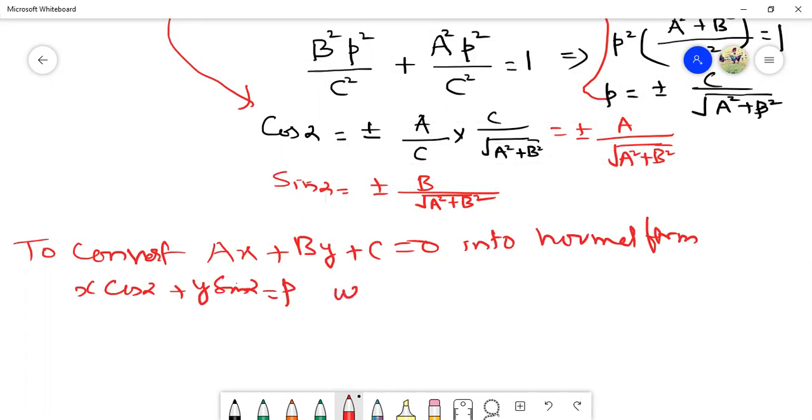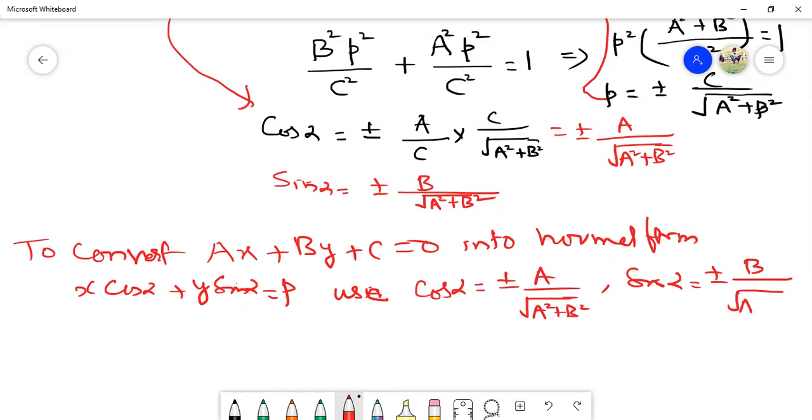We will find sin, cos and p by using cos alpha = ±a/√(a² + b²), sin alpha = ±b/√(a² + b²), and p, the length of the perpendicular from the origin on the line, by using the formula ±c/√(a² + b²).